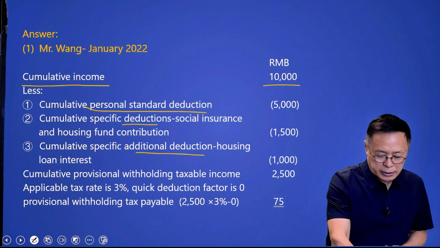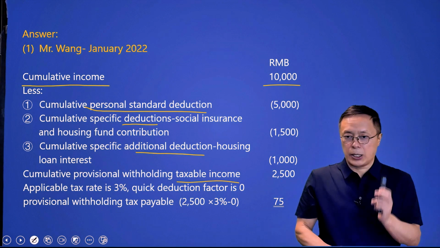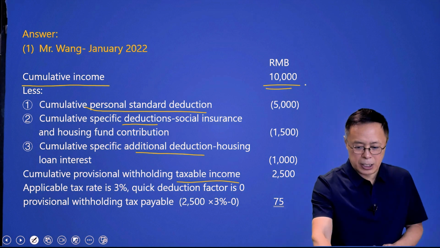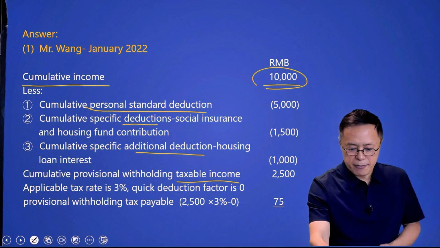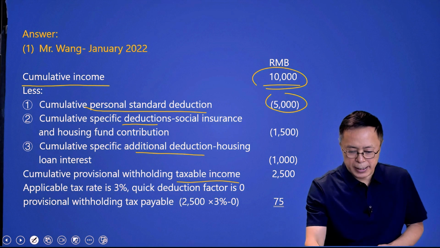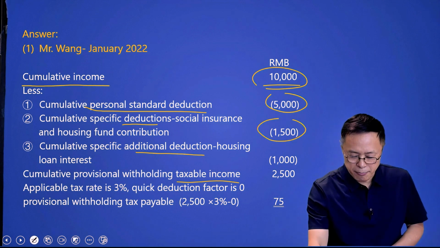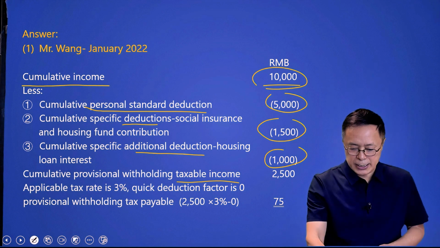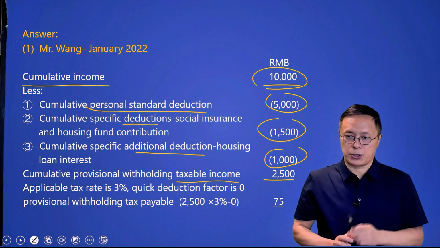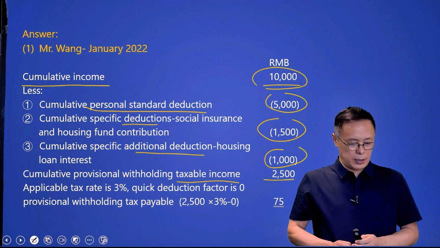So, cumulative provisional withholding taxable income equals 10,000 minus 5,000 minus 1,500 minus 1,000. The amount is 2,500.